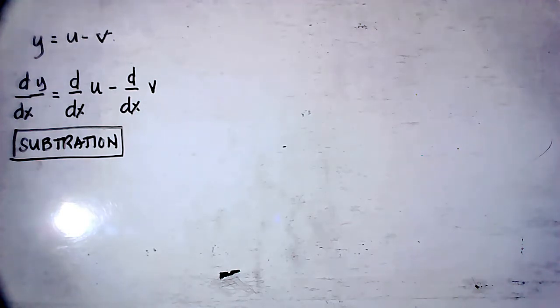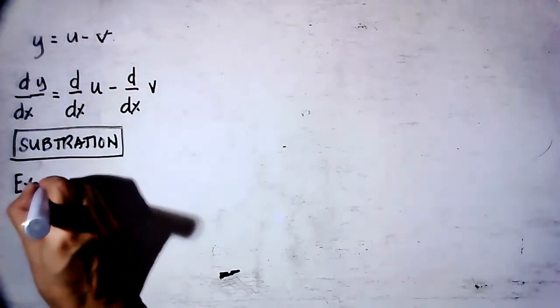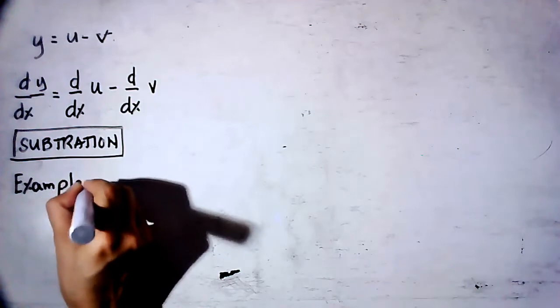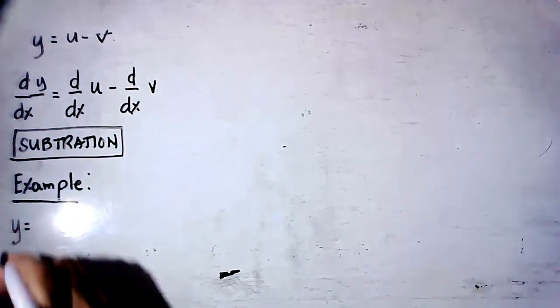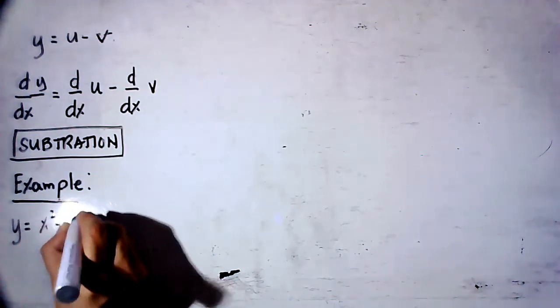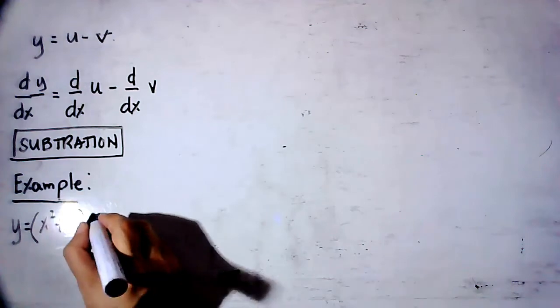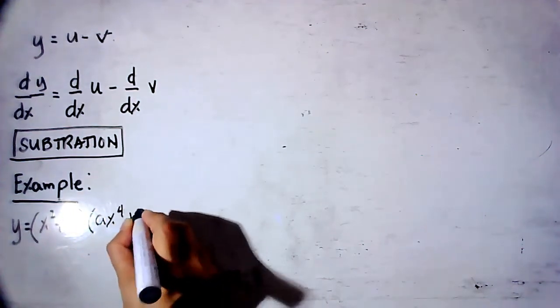Let's say, for example, we are given y equals x squared plus c multiplied by ax to the fourth plus b.